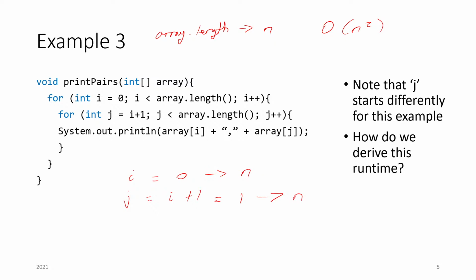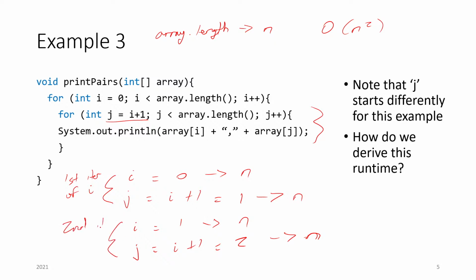What we're concerned about is how this inner loop applies for j equals i plus 1 in these particular cases. Similarly, when i is equal to 1, j is i plus 1, which is 2, and both of these also go up to n as well. So this here will be the first iteration of i, and this here will be the second iteration of i.